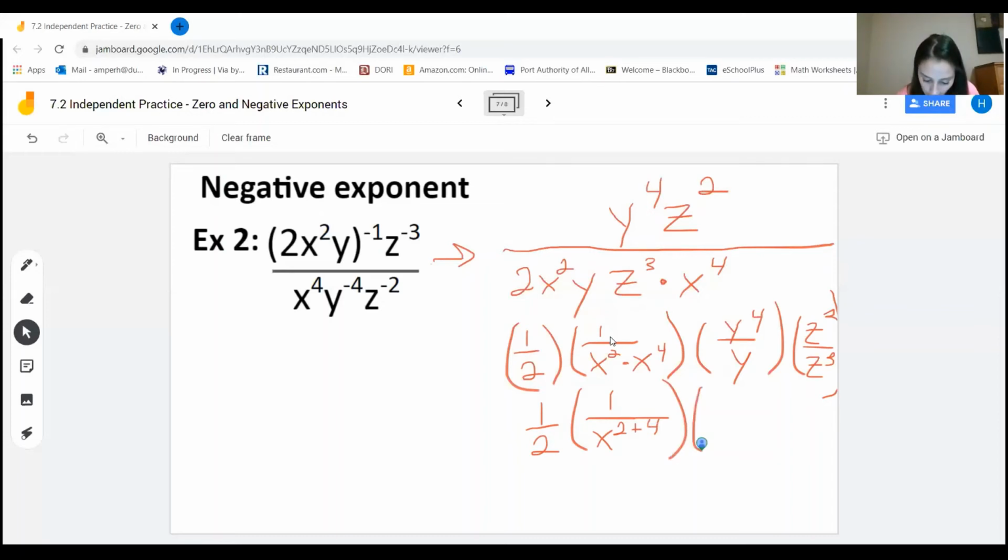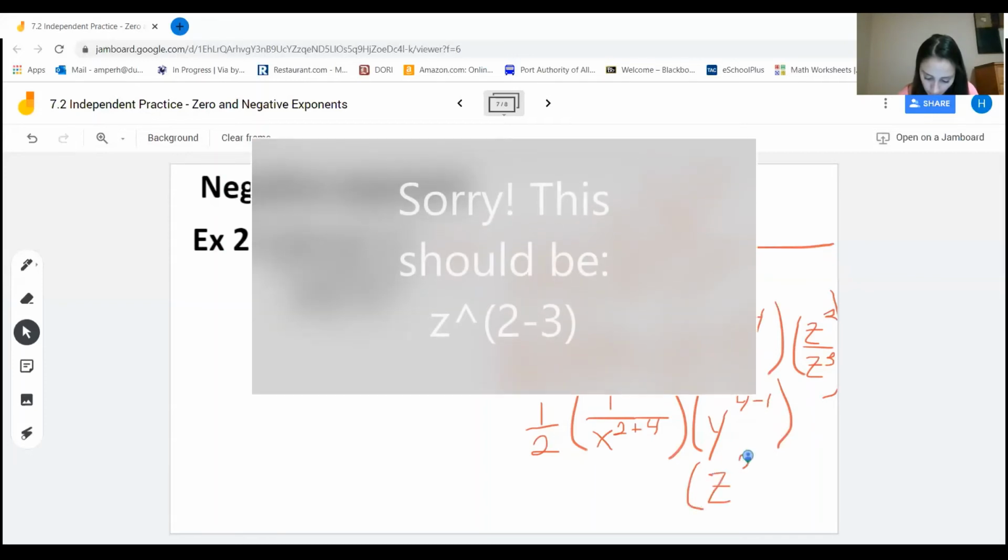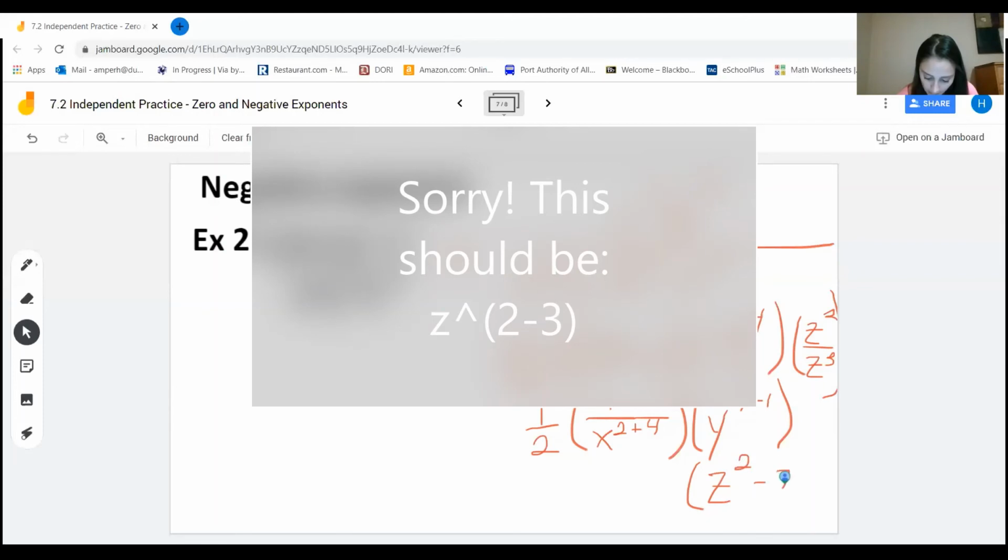Now with our y's, when you divide 2 powers with the same base, it's going to be y to the 4 minus 1. We subtract, okay? And I'm just going to write the z here. Z to the 2 minus 3, because that's another division problem. And so we're just going to be subtracting the exponents there, okay?